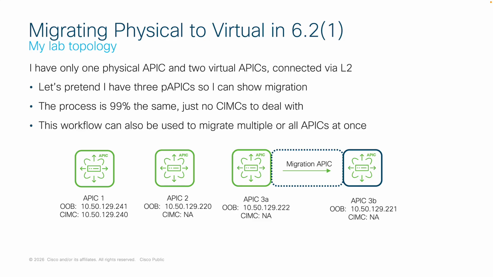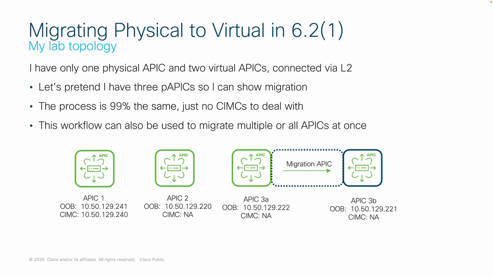I want to be able to show the migration, I just don't have three physical APICs in my lab. The process is identical, as I said, we just don't have to invoke the SIMC as part of the migration. I'll show you what that looks like on the screen so you're kind of aware of it when you have your three physical APICs and you want to migrate one or two of those to virtual APICs. It's the same process, so don't worry, it's enough to show what that looks like.